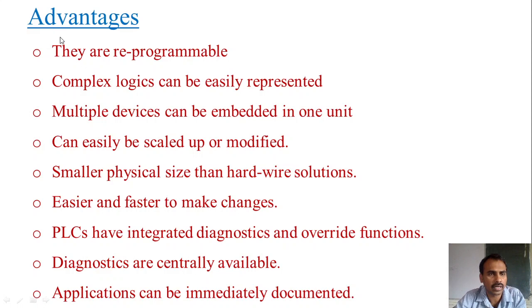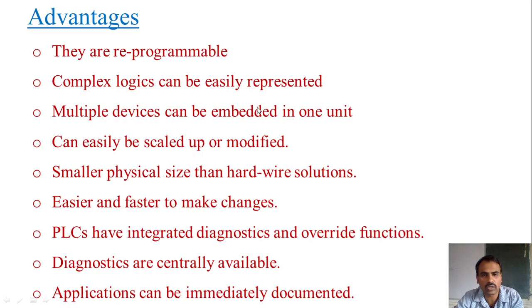So here are some of the advantages of PLCs. They are reprogrammable. Before PLCs, if you were using relay systems to automate and wanted to modify something, you needed to change the whole circuit. Here you can reprogram, modify, or write a new program and upload it to the PLC. Complex logic can also be easily represented, which is one main advantage.